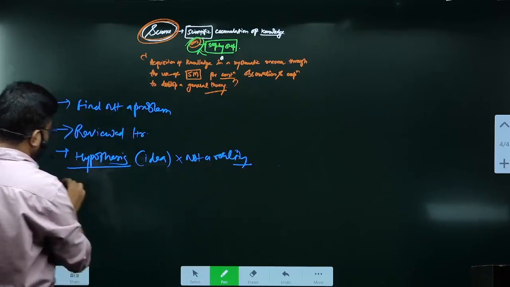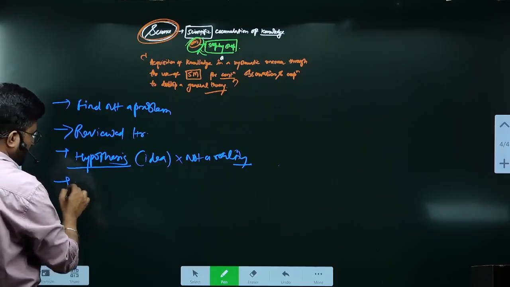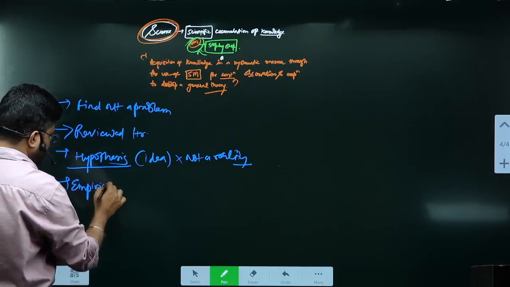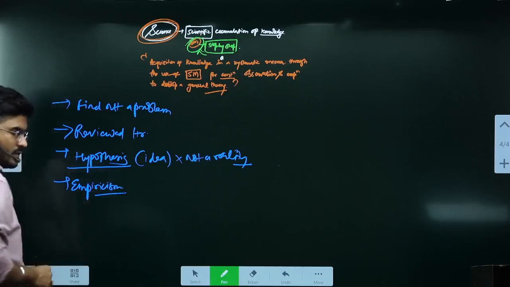To test that hypothesis, we started looking for facts and figures. That means empiricism, empirical.